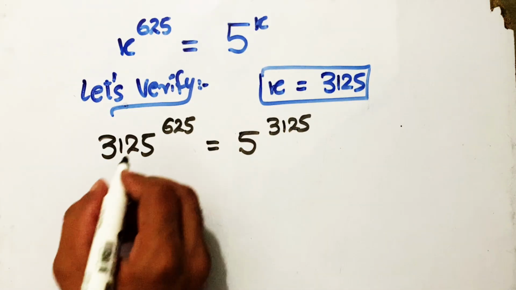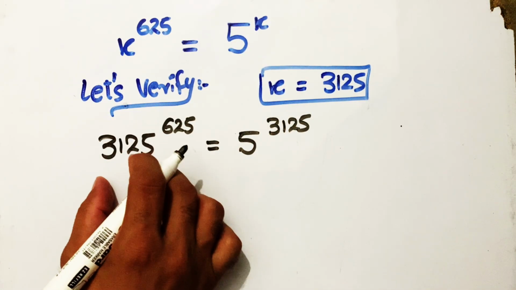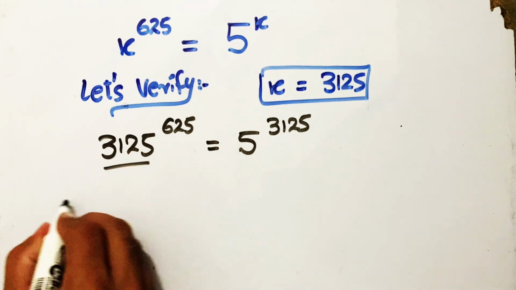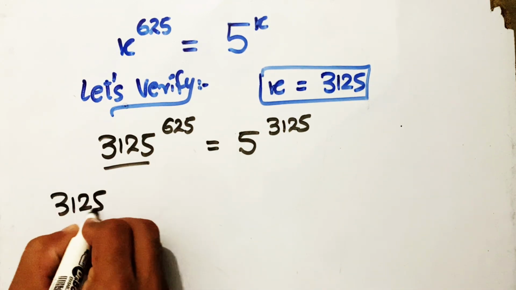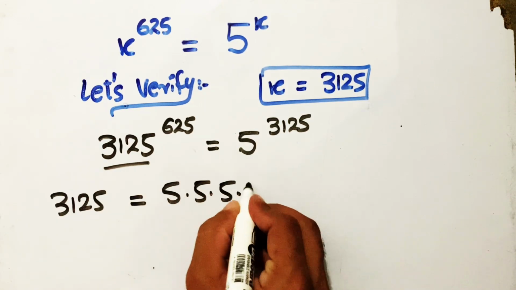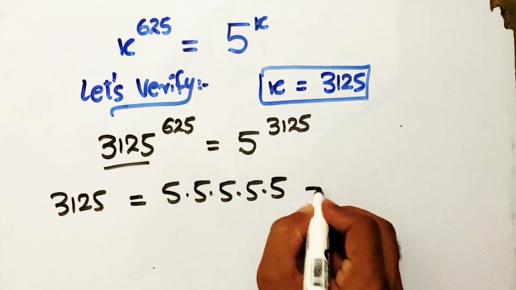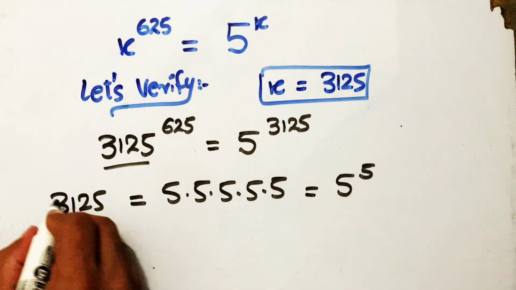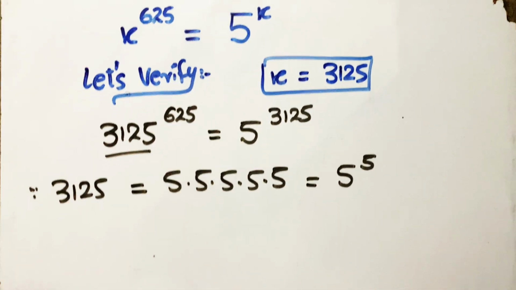I wrote this term 3125 as 5 into 5 into 5 into 5 into 5, which equals 5 to the power of 5.